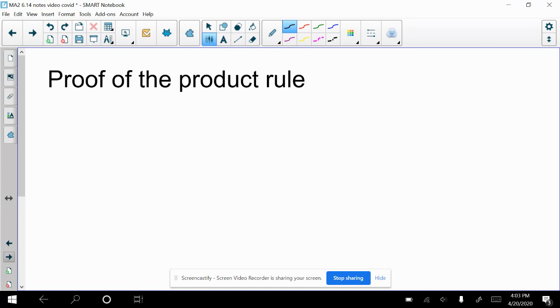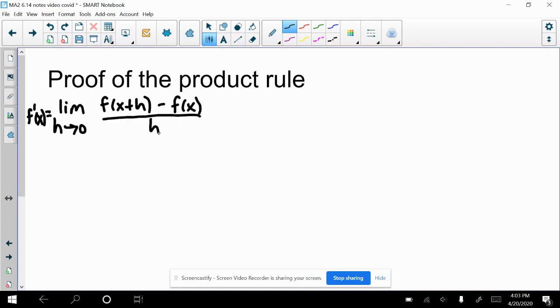We're going to use the formal definition of a derivative to develop this. And if you recall, the formal definition is the limit as h approaches 0 of a function that we want to find the derivative of, right? So if we want to find the derivative of f, then we would say it's f of x plus h minus f of x all over h.